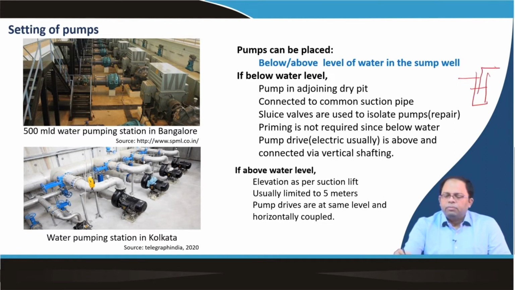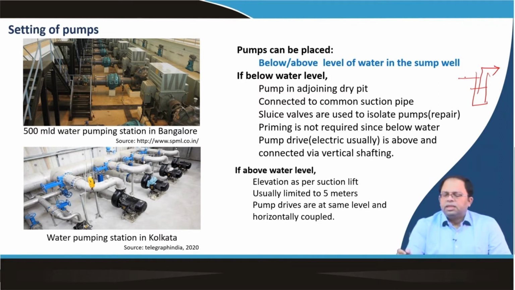From there we have to pump the water out, right. So that is the basic thing. That means in any kind of pumping station you will find sump wells. So the pump could be either below the water level of the sump well, somewhere at the bottom of the sump well, or it could also be above that, right.